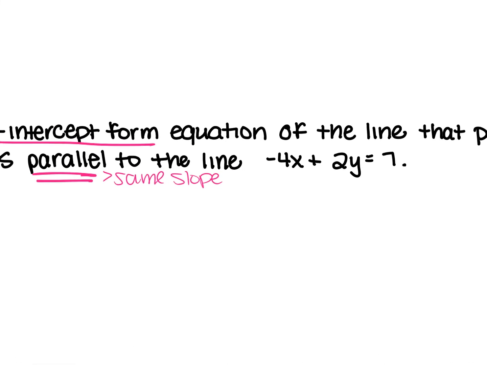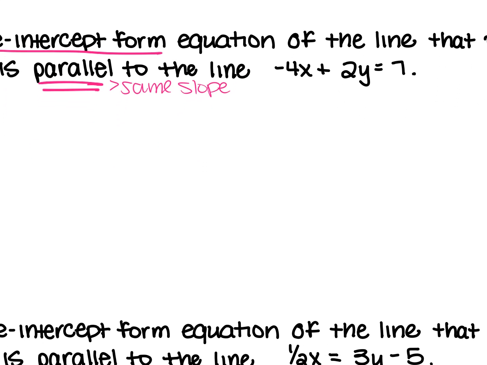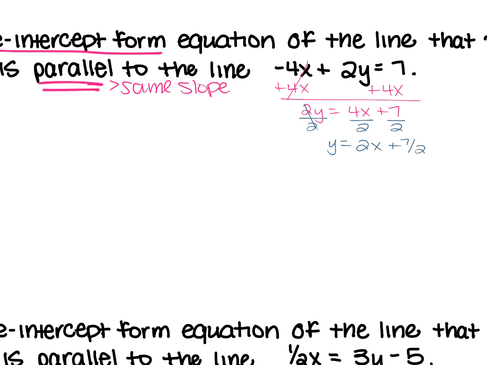If we were to find the slope from this line to start with, we would add the 4x over first. That would give us 2y is equal to 4x plus 7. From there, divide each term by 2, and that means that we have y is equal to 2x plus 7 halves.